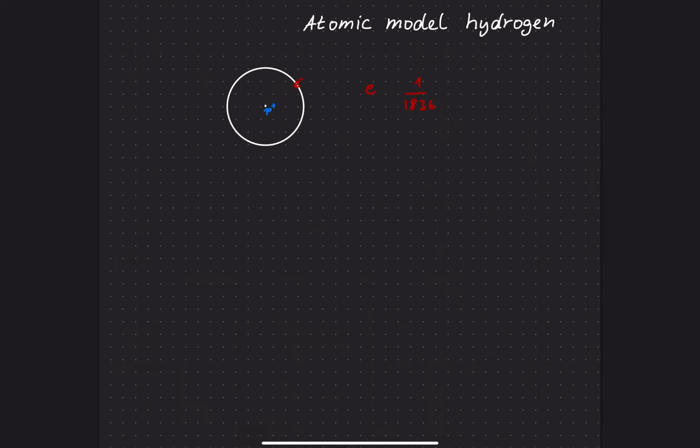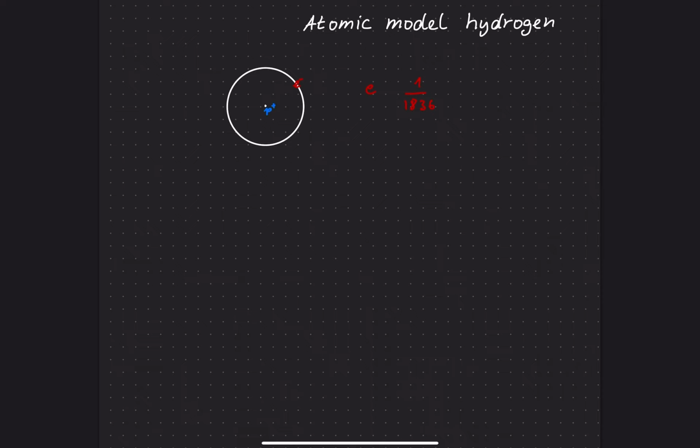So the electron is really, really small compared to the proton. And the proton is 1836 times bigger than the electron. This ratio is like comparing the size of a diver who swims around a large blue whale, for example.